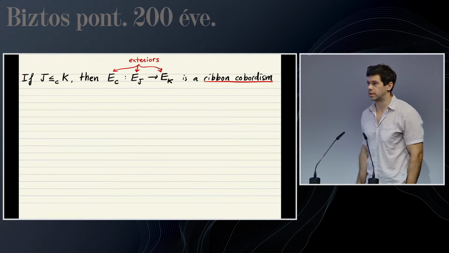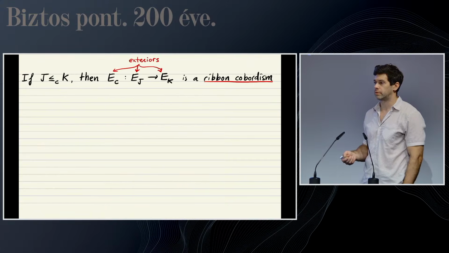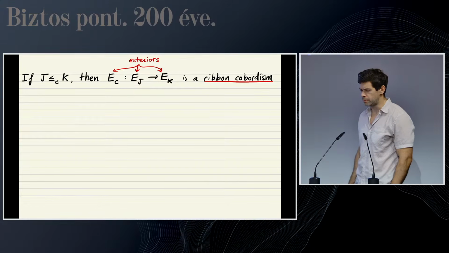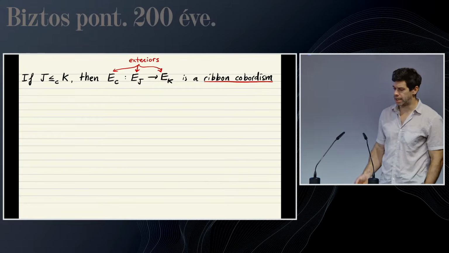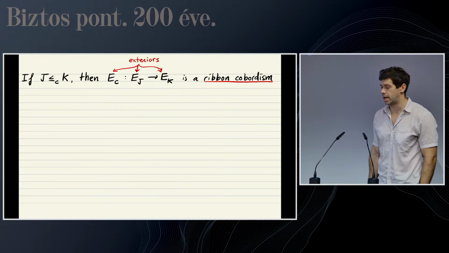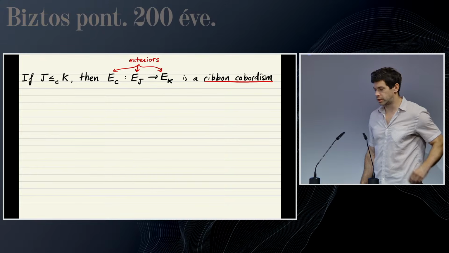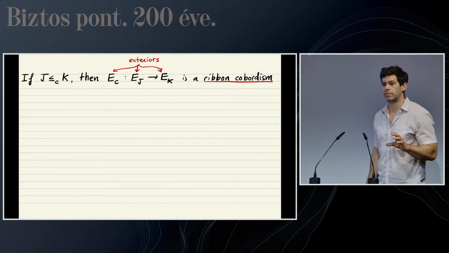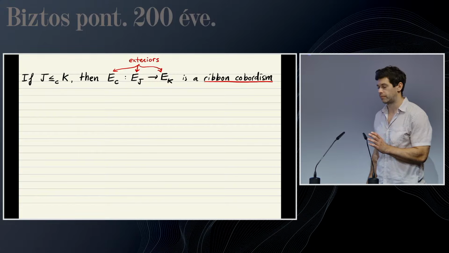One convenient way is to think about the exterior of a ribbon concordance. So if C is a ribbon concordance from J to K, then let's just remove a neighborhood of C from S^3 times the interval.